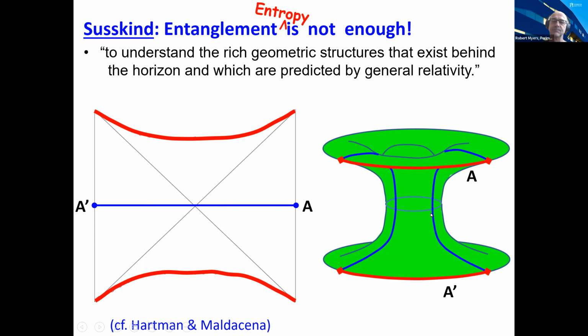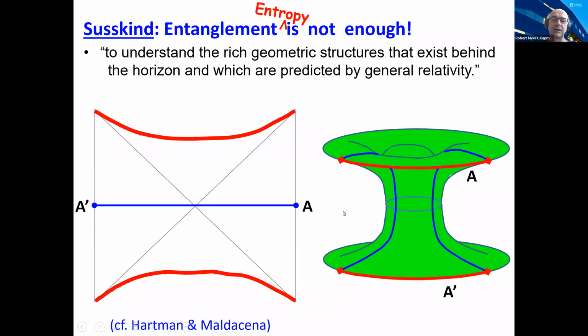And just using the standard prescription of finding extremal surfaces, one finds, say, on this t equals 0 slice, that the Ryu-Takayanagi surfaces actually stretch all the way across the Einstein-Rosen bridge. As I've shown it on the right-hand side, there are actually two components. Well, if this was a two-dimensional boundary, there'd be two geodesics as I've drawn them, like that.